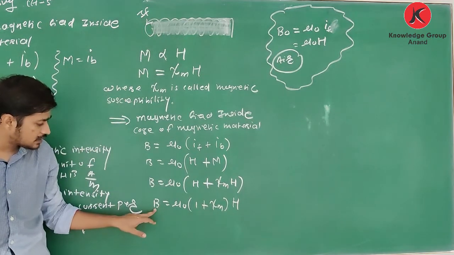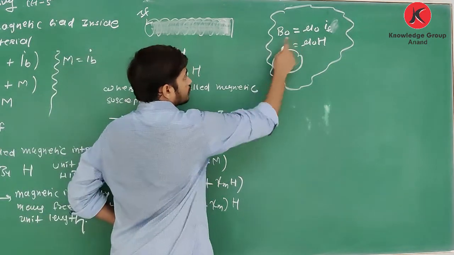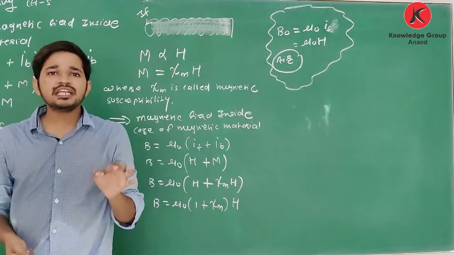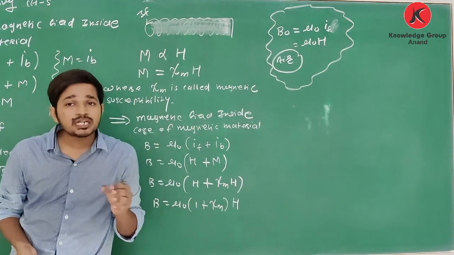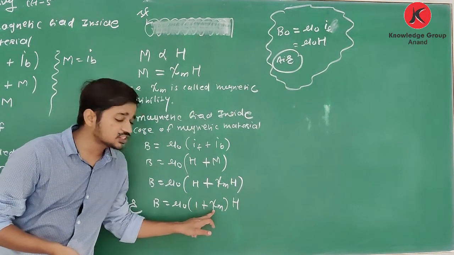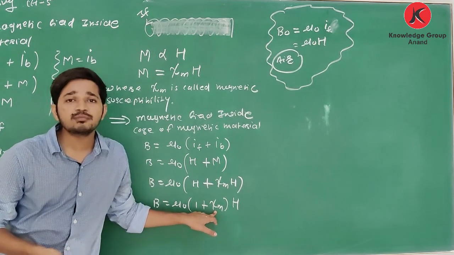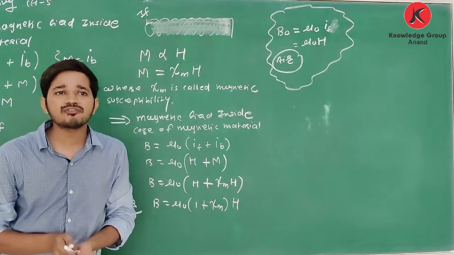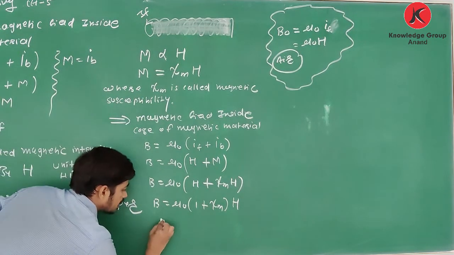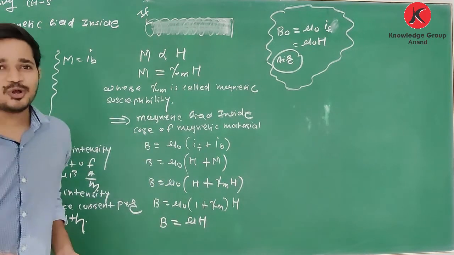So the magnetic field is equal to mu 0 1 plus chi m into H. What is mu 0? Permeability of air. So mu 0 1 plus chi m is called permeability of the medium or material. So I can write this equation as B is equal to mu H.